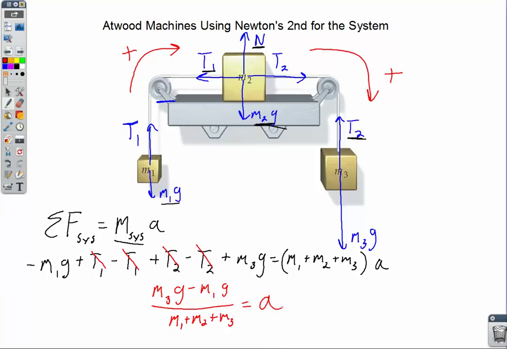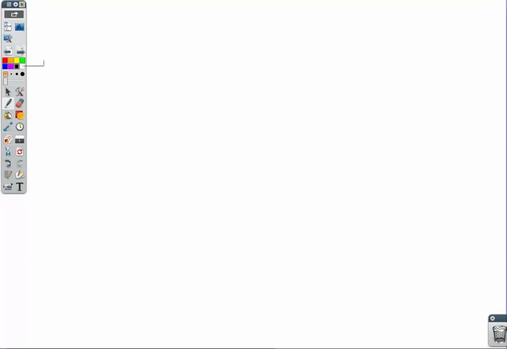Now, part B on the problem could be to solve for the two tensions, T1 and T2. So if that's the case, then you're going to use Newton's second law for just one of the objects. To find T1, I could use Newton's second law for just M1. So that's going to be T1, which is going in the positive direction, minus M1G is equal to, now this is just Newton's second law for M1. Let's write that up here.